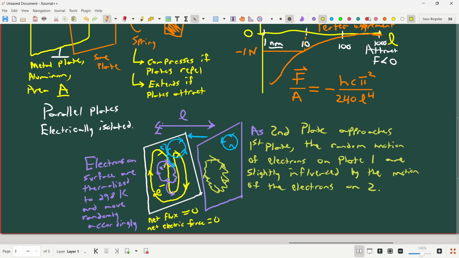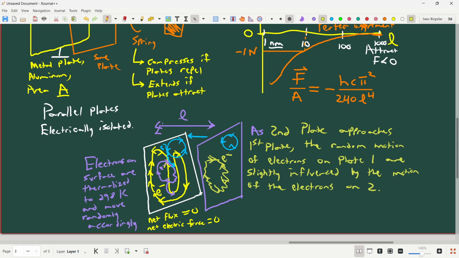So imagine, for instance, you have this orange electron on plate 1 moving in this direction, and this electron on plate 2 in olive is moving in the opposite direction. One electron going counterclockwise, and the other going clockwise. Remember, electrons want to repel each other.